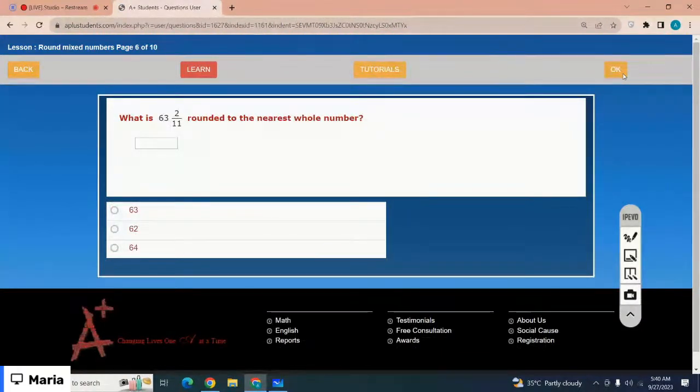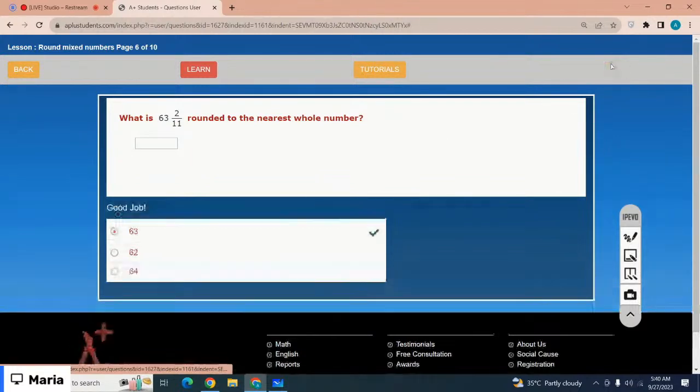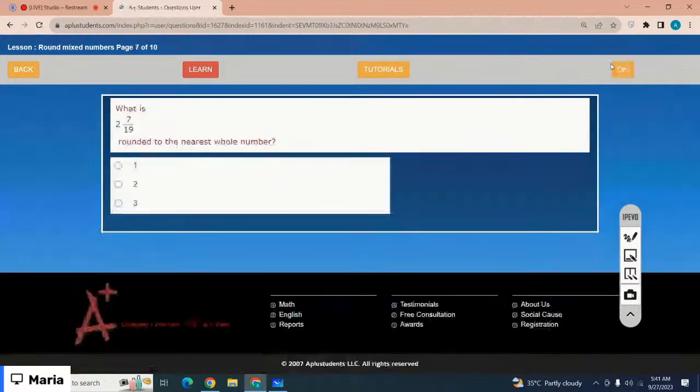63 whole 2 over 11. So which is the correct option? 2 over 11 is less than 1 by 2. So you have to round on the same whole number, that would be 63. 2 whole 7 over 19. 7 over 19 is less than 1 by 2, right?